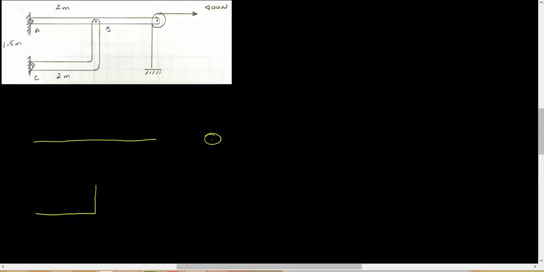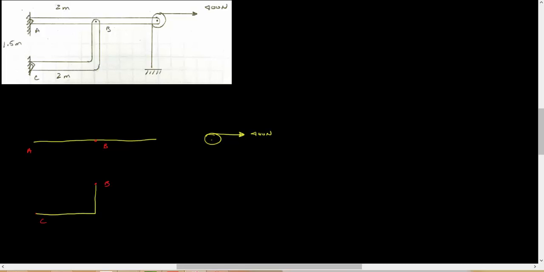So let's just go ahead and look at this frame here. I've got a member AB here, and then I've got CB here. And you notice this is one piece. So this is going to be a 2 force member here. I've already drawn out AB here, point B here, and this is B as well, and then this is point C. So let's look at this object here and draw the force on it.